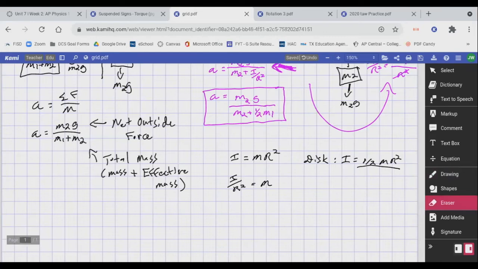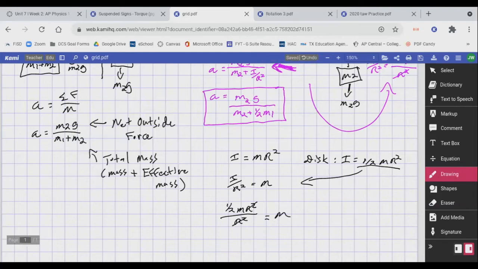And I don't mean this sarcastically. Please don't take it that way. I want to ask a leading question and say, well, that's what I'm going to do. So now I'm going to take this information and plug it in down there. I'm going to say 1/2 mr squared divided by r squared equals the mass. My r squares cancel.